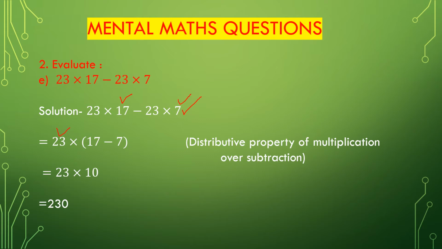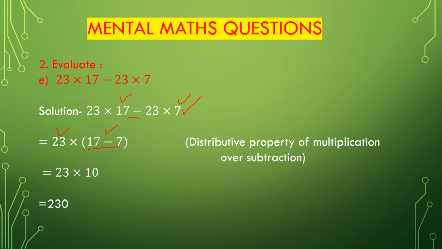Here the subtraction operation is there, so write down subtraction, and write 17 minus 7 inside the bracket. Now 23 multiplied by 17 minus 7 inside the bracket, and we know bracket operation has higher priority than multiplication, so first the bracket operation will be performed.